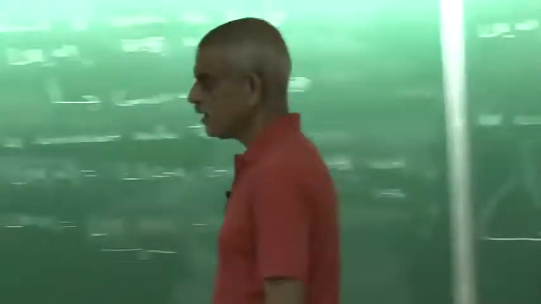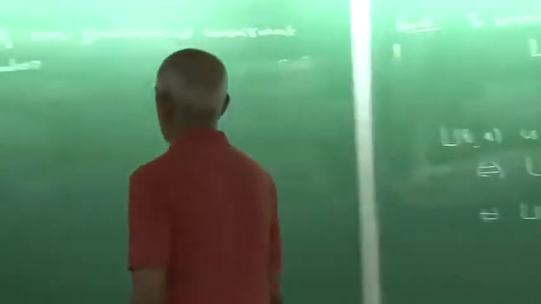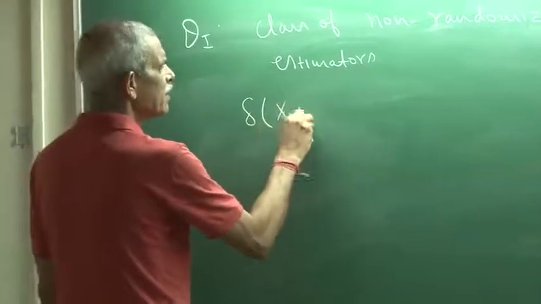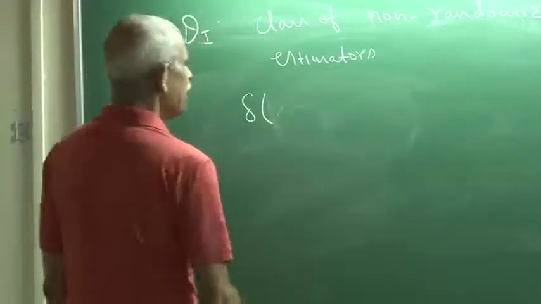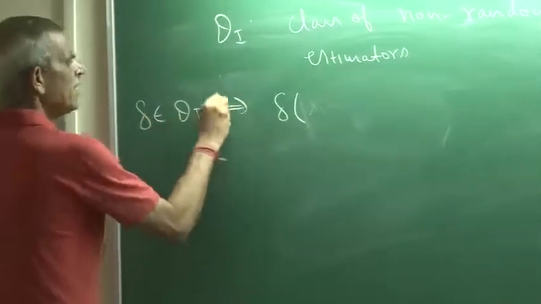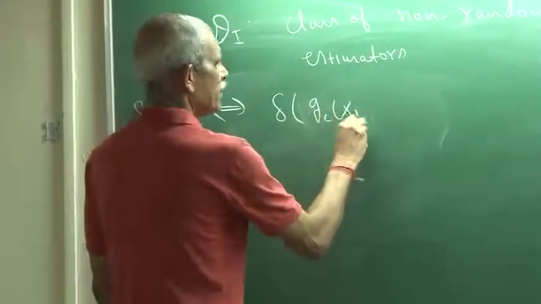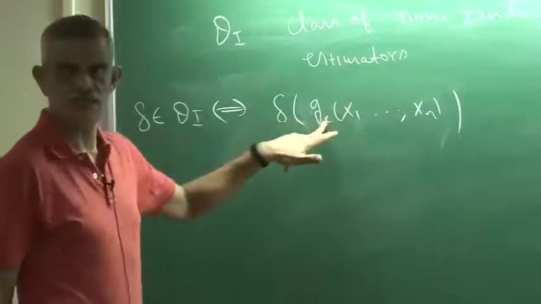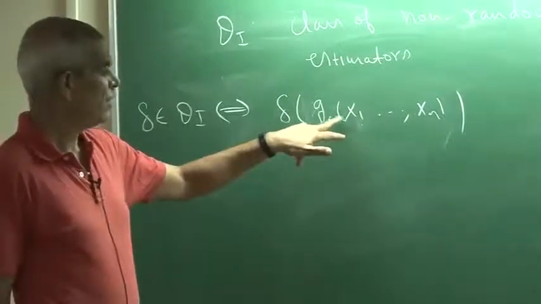So it says the two actions should correspond and the two decision rules should also be the same. So what is the observation in the second problem? In fact, delta of gcx. So delta is invariant if and only if delta of gc of x1, x2, xn, so this is when the units of x1, x2, xn have been changed, or this is the case when I observe x1, x2, xn.